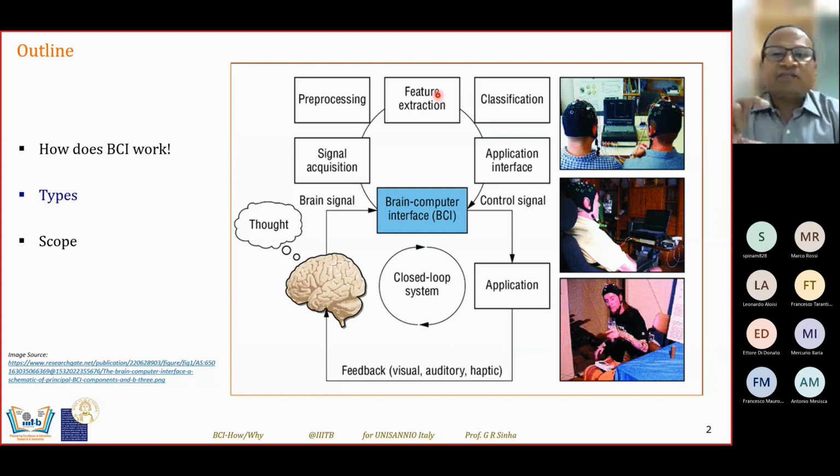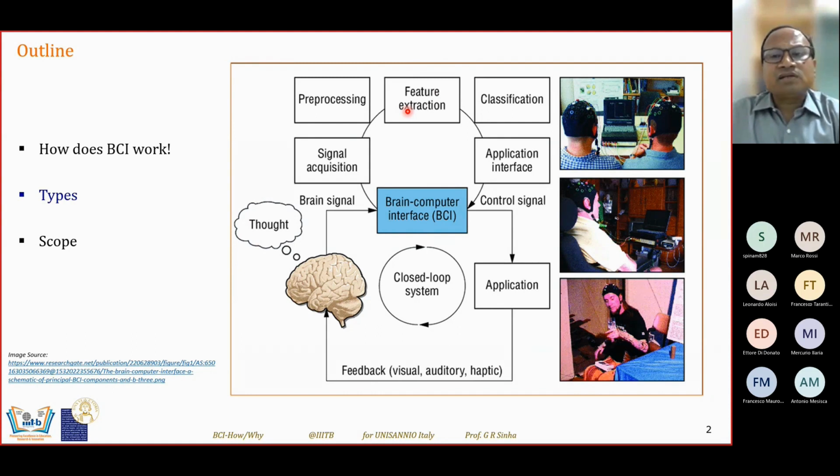There are standard waveforms, and only by observing the waveforms you cannot perform a number of tasks and you cannot generate different commands. So we try to extract an appropriate number of features. Features may be any statistical features, power spectral density, mean value, standard deviation, wavelet coefficients, and so on.